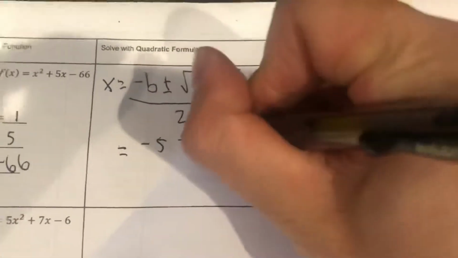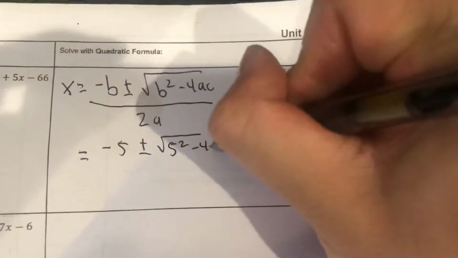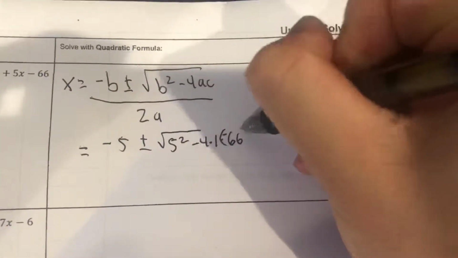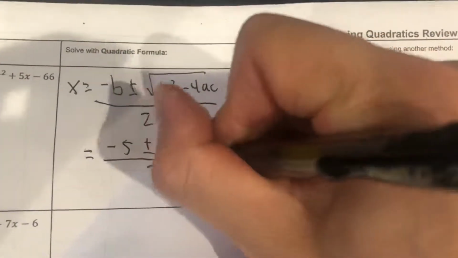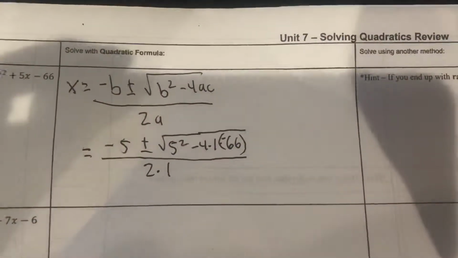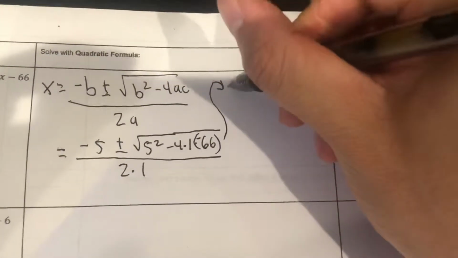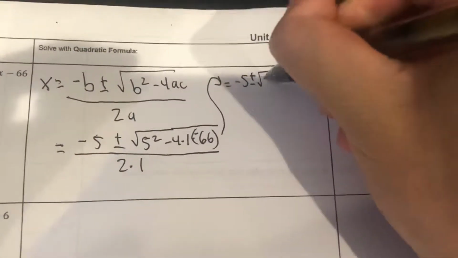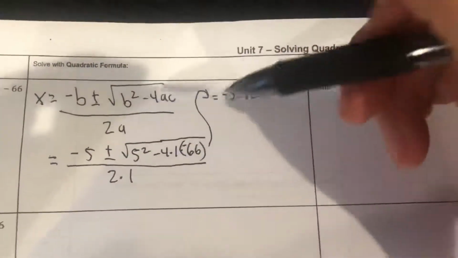My b value is 5, so negative 5 plus and minus the square root of 5 squared minus 4 times 1 times negative 66, all over 2 times 1. This gives me negative 5 plus and minus the square root of 25 plus negative 4 times negative 66.